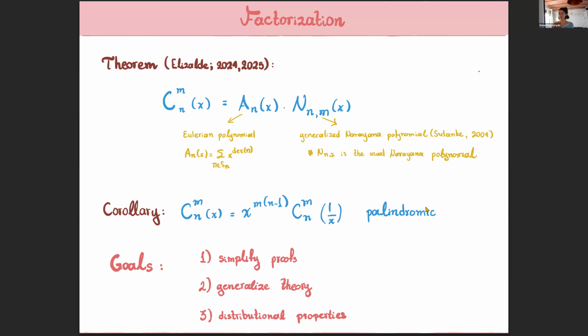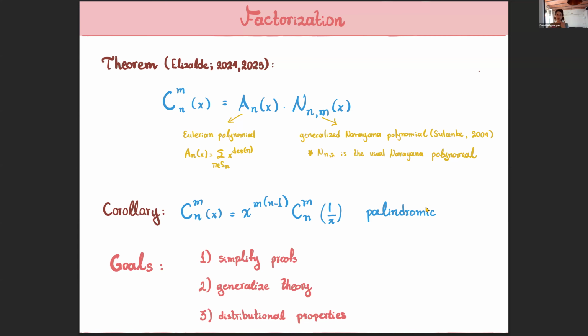The Canon polynomial that I denote with a non-curly C, versus the Canon set that I denote with a curly C, factorizes as a product of an Eulerian polynomial, which enumerates descents on regular permutations, and a Narayana polynomial, or rather a generalization of it, which enumerates peaks on Dyck paths. And in particular, these two polynomials are known to be palindromic. So our Canon polynomials are also palindromic, for example, for this reason.